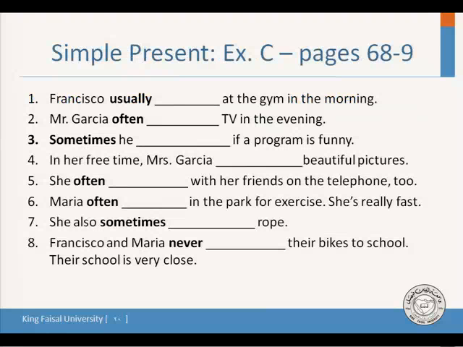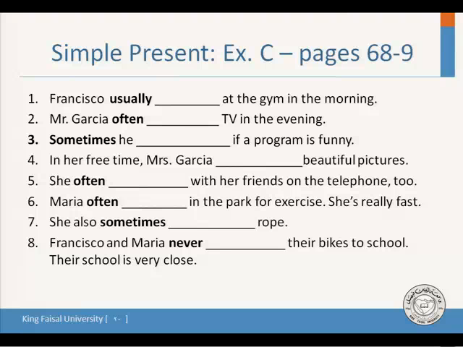Let's do an exercise. As you can see, we have 8 sentences, and the adverbs are usually in number 1, often in number 2, sometimes in number 3, number 4, in her free time. In her free time. It's like an adverb of frequency. Number 5, often. 6, often. 7, sometimes.